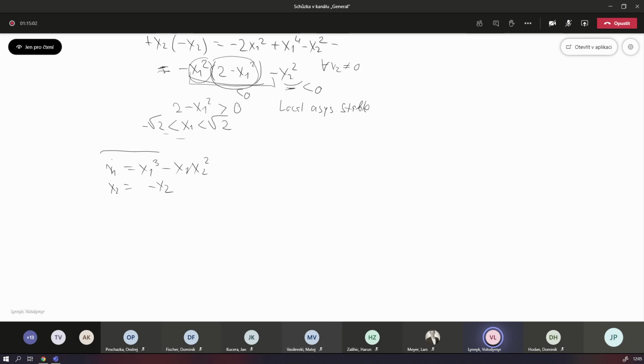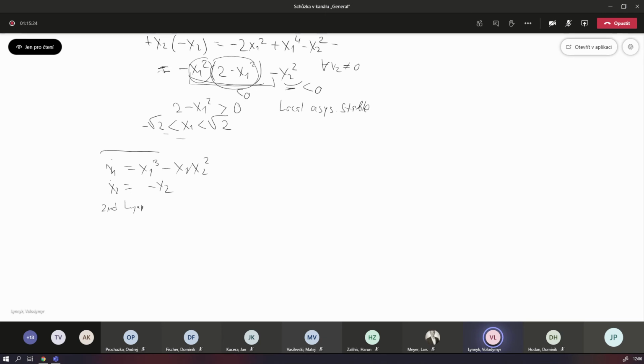And we need to apply only the second Lyapunov method because we need to prove the global stability of this system, the direct Lyapunov method.